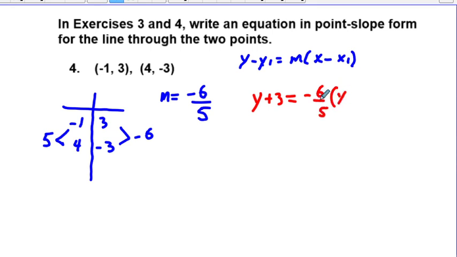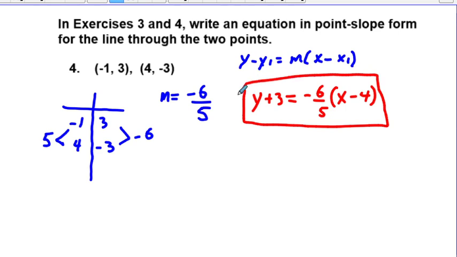And we're going to have x minus x1, so x minus 4. So this would be an answer to number 4. Now, is there a possibly different answer? Yeah, because what if we use that first point instead of the second point?